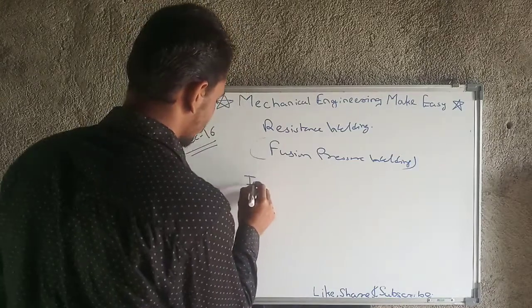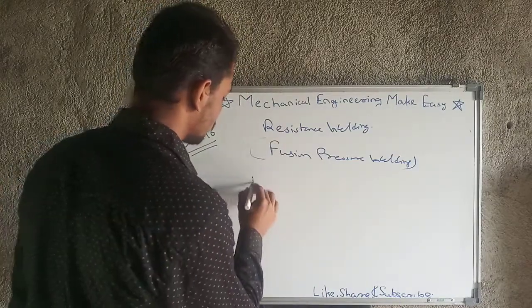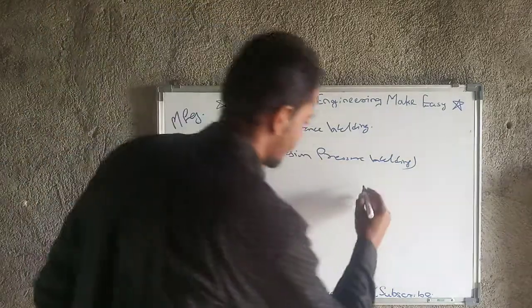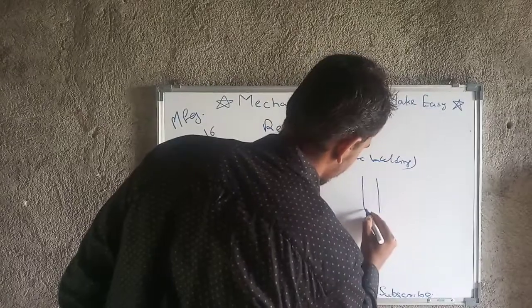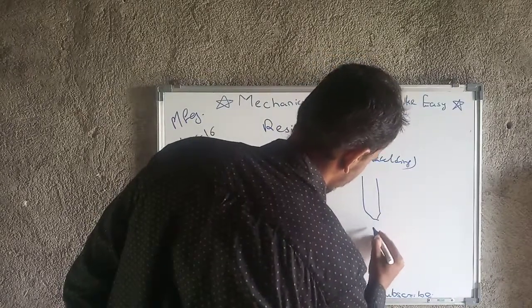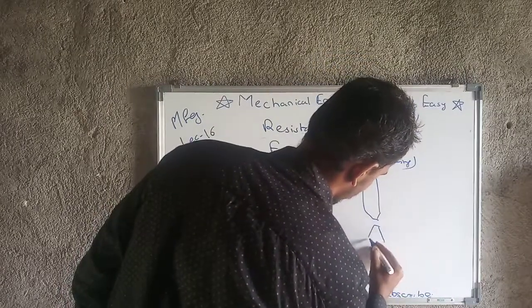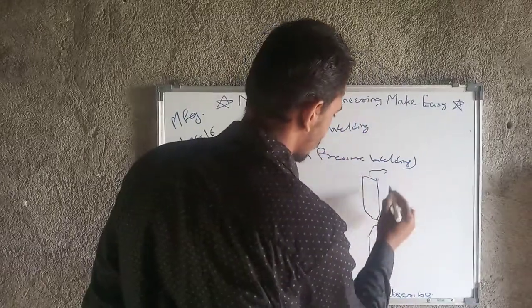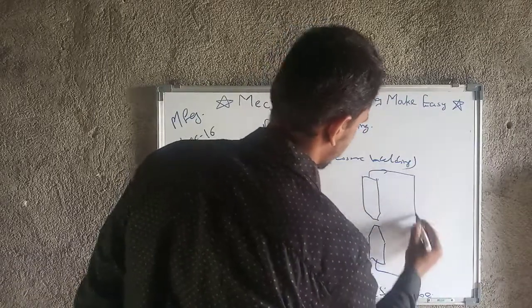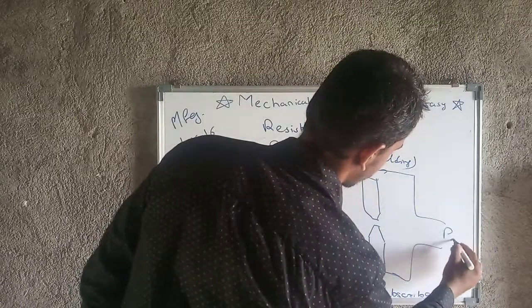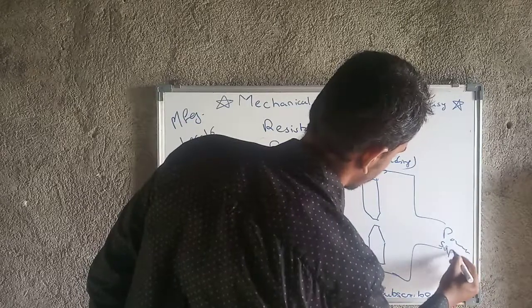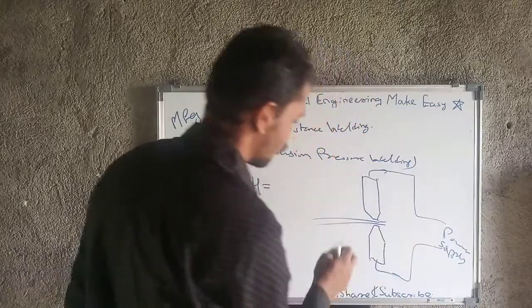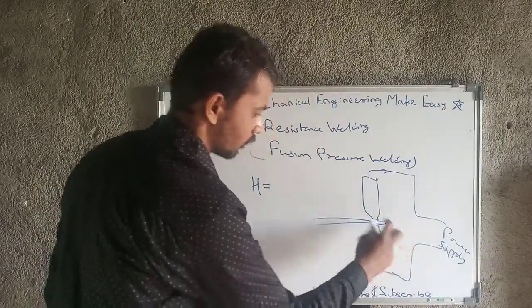The heat generated in resistance welding, okay, I will give you a brief idea. Firstly, these are the electrodes which will be given power supply, and the material where we have to weld will be put here.